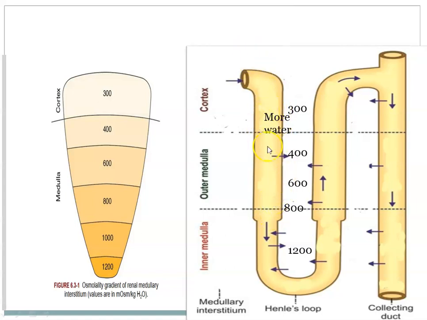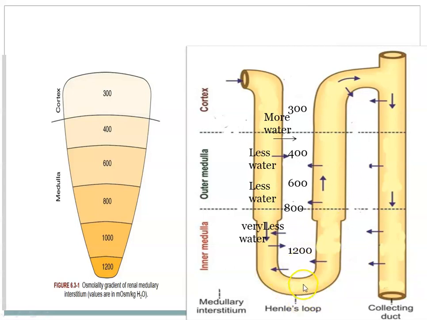So, at the initial stage, more water is moved out of the tube and reabsorbed into the interstitium. Since more water has already moved out, this fluid contains less water when compared with this area. Again less water moves out, and again very little. Now, the fluid loses its water and when it reaches the tip of the loop of Henle, the fluid will be hyperosmolar.